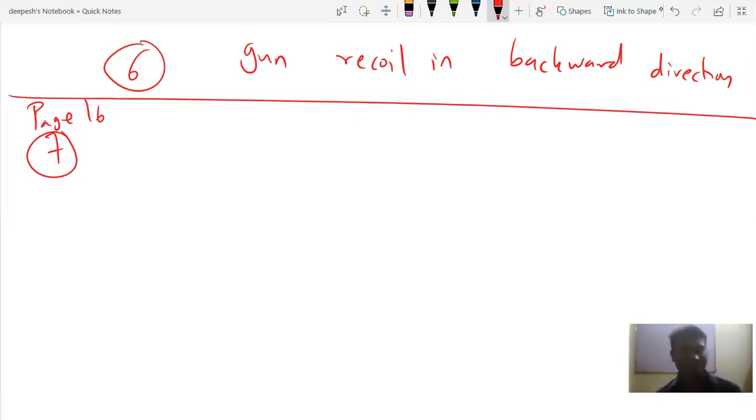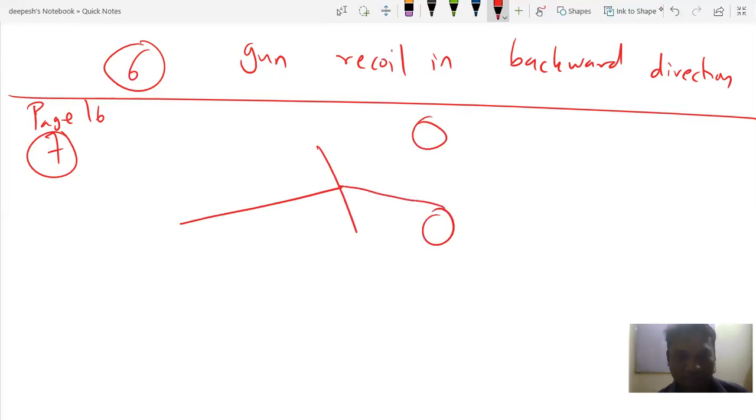So we are given the diagram. The diagram is like this. We have two pulleys. The second pulley is attached to a mass of 2.5 kg.